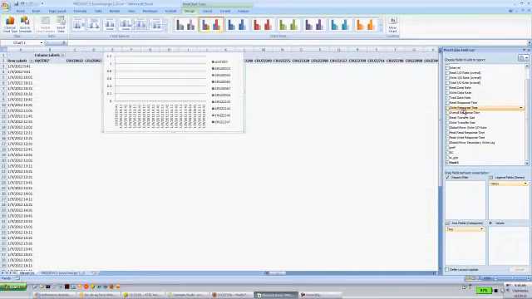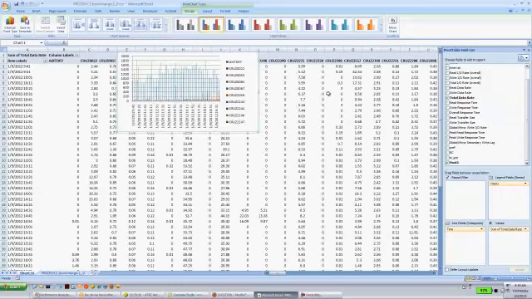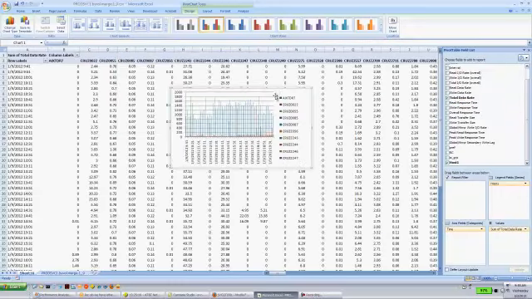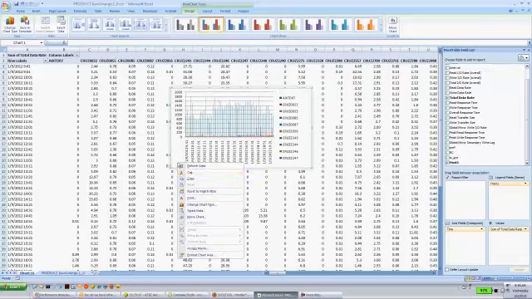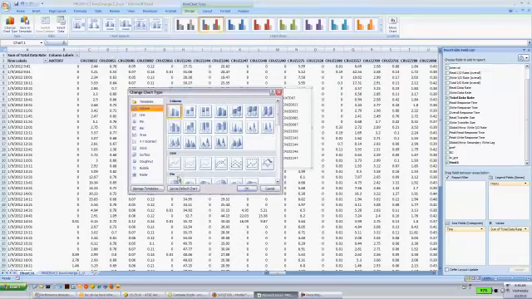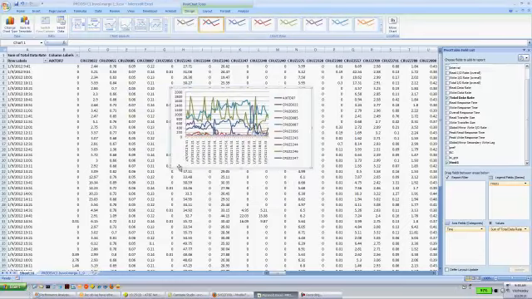For this demonstration, I'll plot total data rate. Now, it's hard to read, so we'll convert that to a line graph. And there's the by host graph.